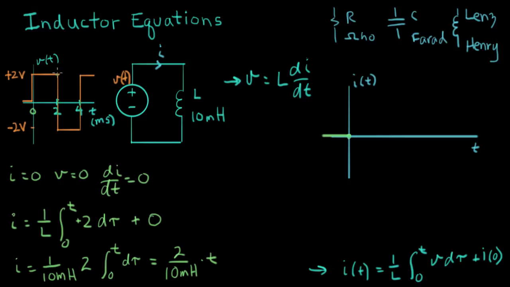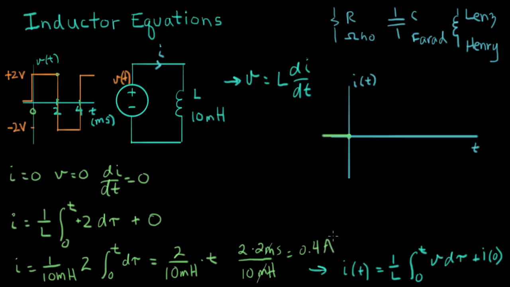What is the current at the end of this pulse here? So at 2 milliseconds, let's figure out what the current is. That equals 2 times 2 milliseconds divided by 10 millihenries. The millis cancel themselves out, and I get 4 over 10, or 0.4, what?